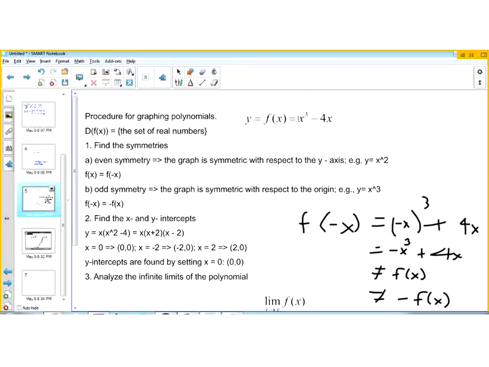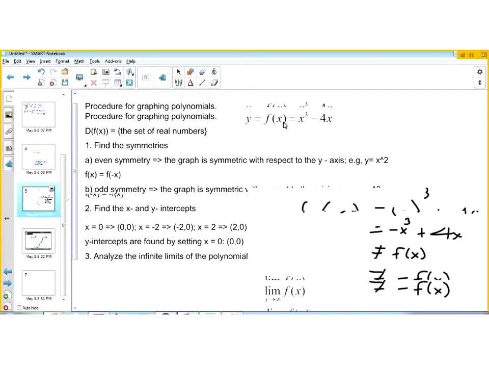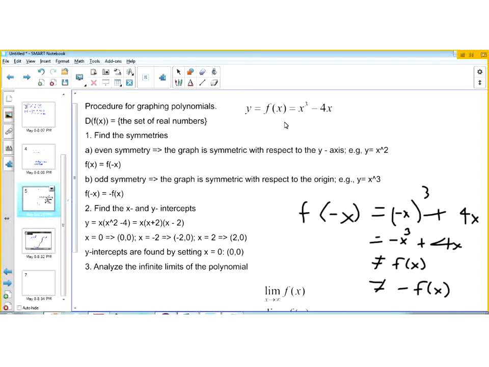Well, in the case of this particular polynomial, as x goes toward positive infinity, this x cubed term will dominate over the negative 4x. So we can pretty much surmise that as x goes toward positive infinity, y will go toward positive infinity as well.